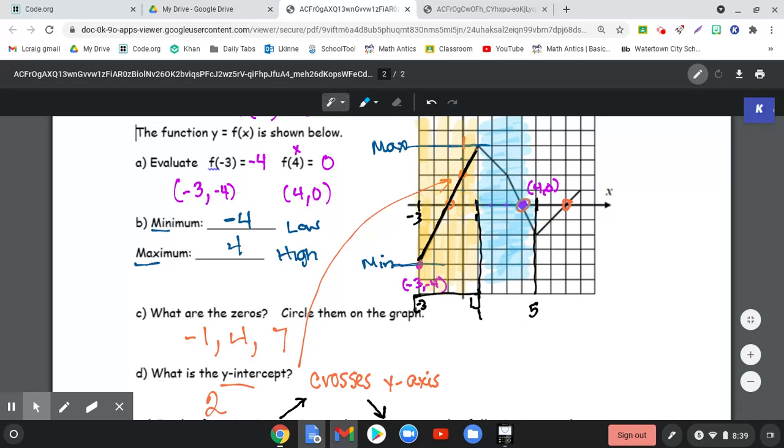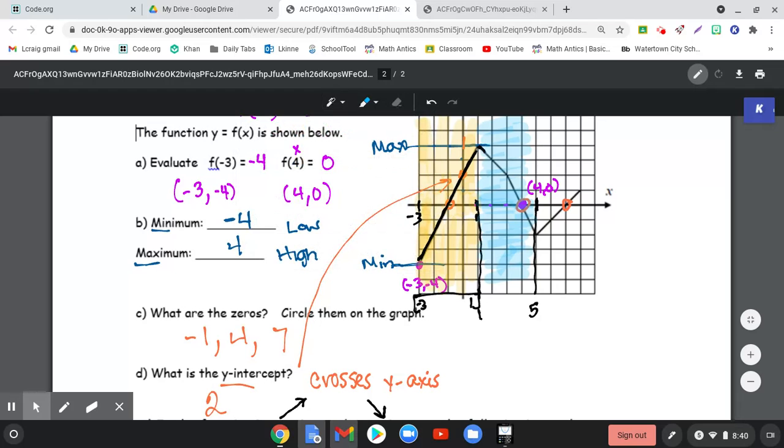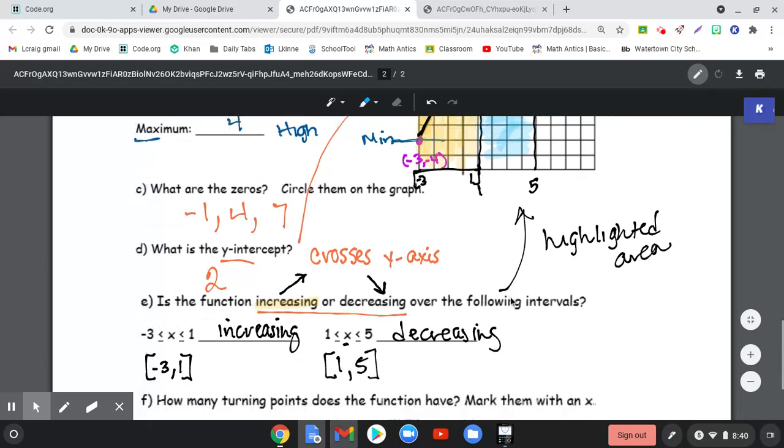Okay, so look at the graph itself, just in that region. So at 1, it's up here. The whole time it's decreasing. So look at the highlights there. I know that can be tricky.